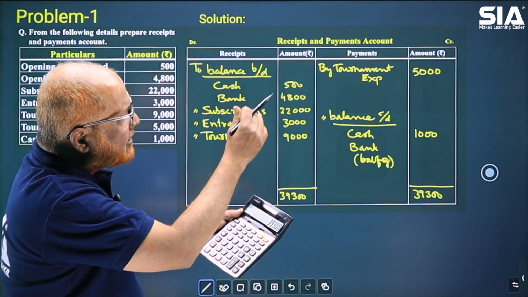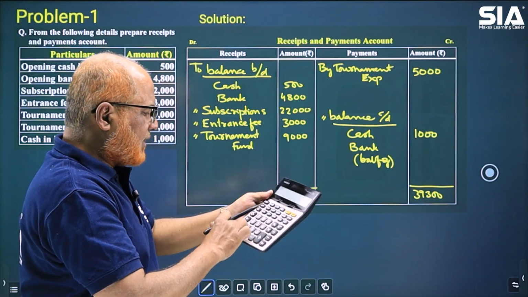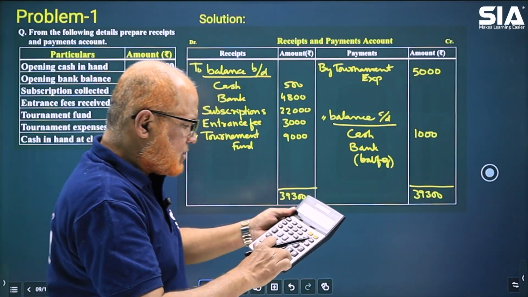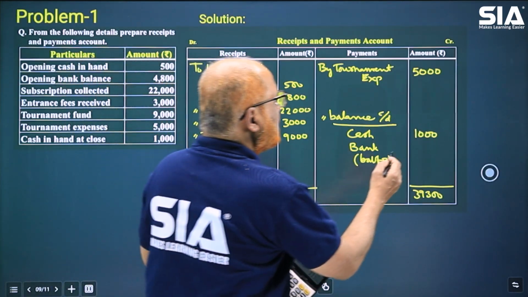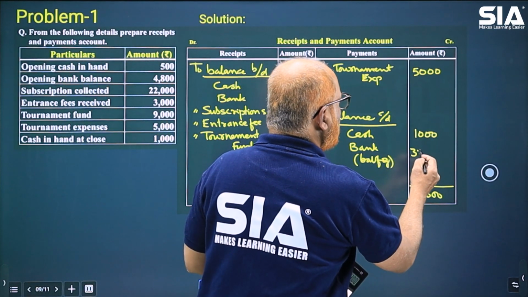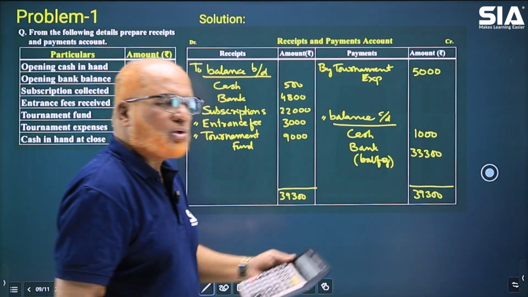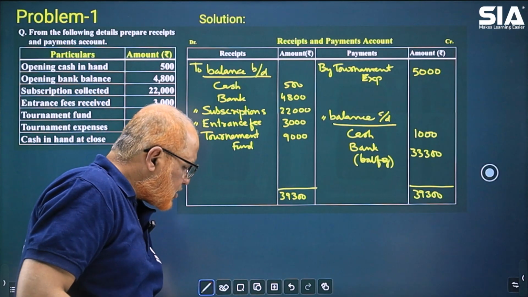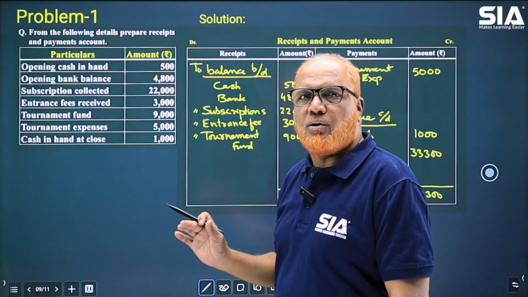From this 39,300, subtract the credit items, that is minus 5,000 and minus 1,000. The total is 33,300. So this is the bank balance, 33,300. That's all. This is the first problem I have solved on receipts and payments account.